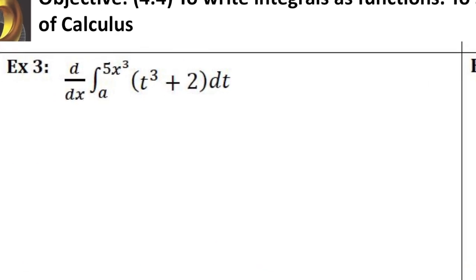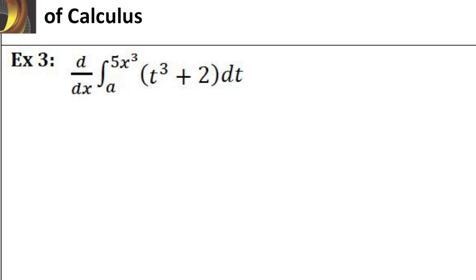So let's examine example 3. You could find the antiderivative of t to the third plus 2, or I can just call that f of t. And I want to evaluate f of t from a to 5x to the third.